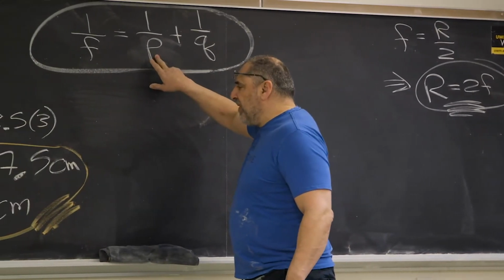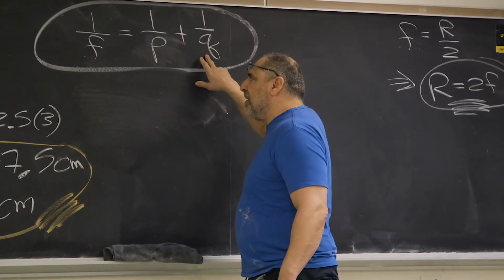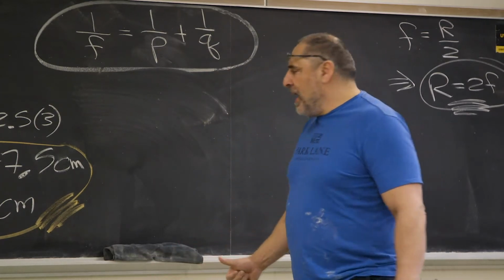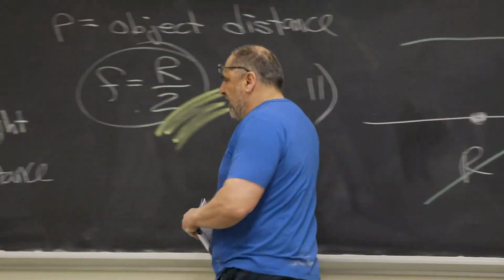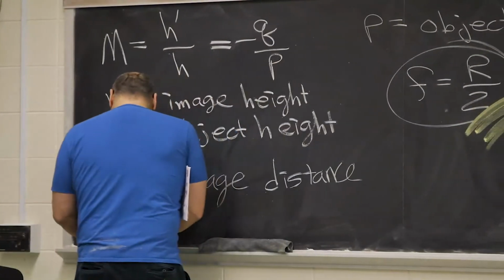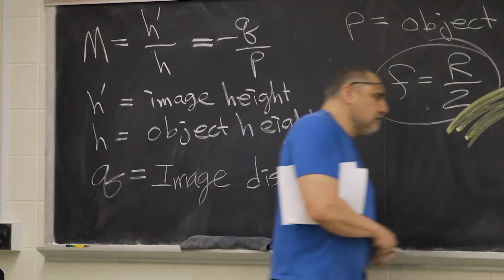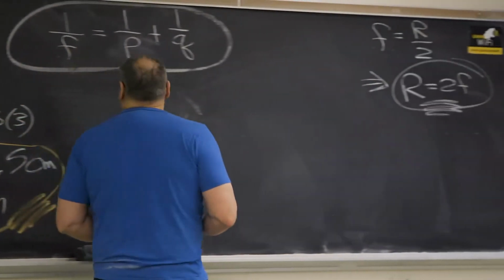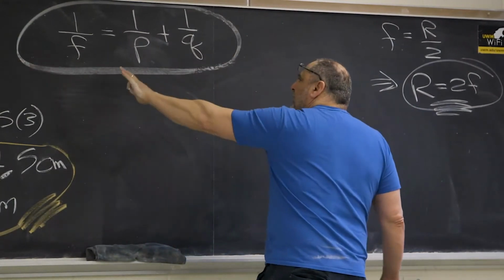I already know what P is, it's 3. I already know what Q is, it's -7.5. What's F? The rest is just whatever mathematics you want to do to get that done at that point. So what we can do is, if I could get enough chalk here, you've got this right here.